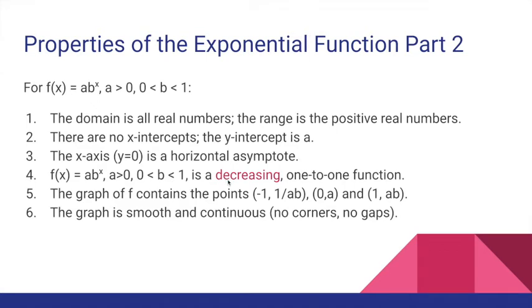Okay, everything is the same on these properties, but when you make b a fraction or a decimal between 0 and 1, the function switches to decreasing. Okay, so I didn't go one by one on these points because they're all the same except for one spot. So in your notes, however you want to try to highlight that, do that. You probably certainly don't need to write all of these things down again.